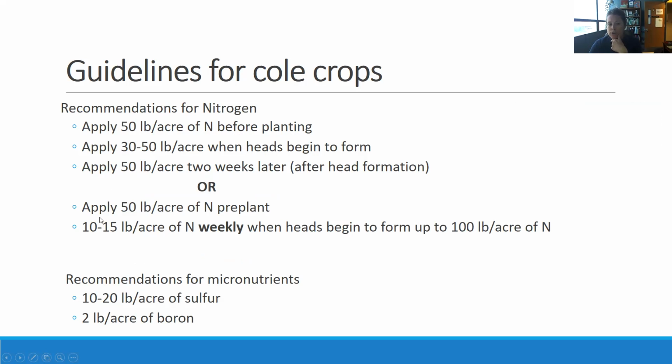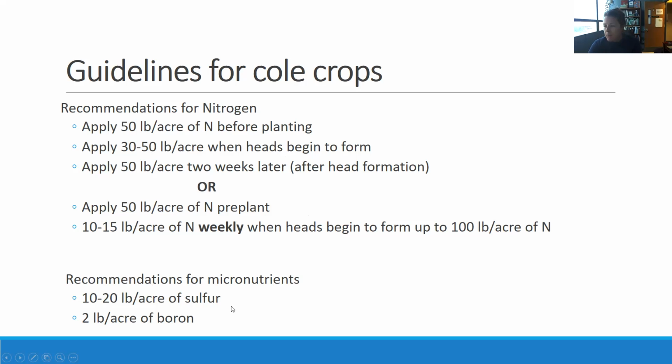Or you can do 50 pounds per acre pre-plant and then 10 to 15 pounds per acre of nitrogen weekly when heads begin to form, up to 100 pounds. So those are two options there. Depending on your setup and how you prefer to apply fertilizer, that's an option.